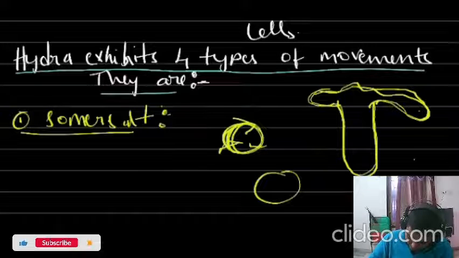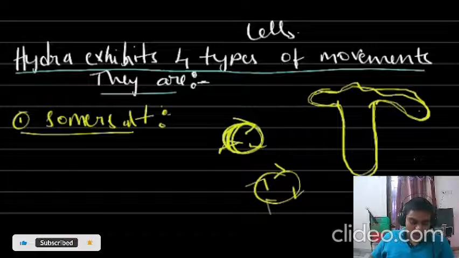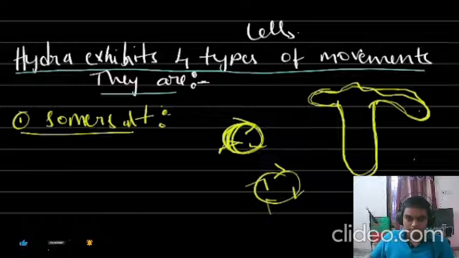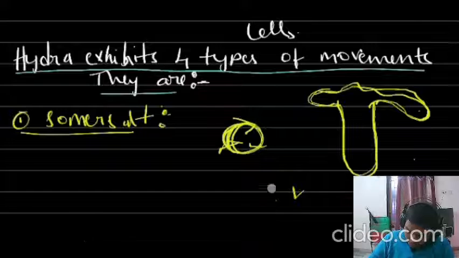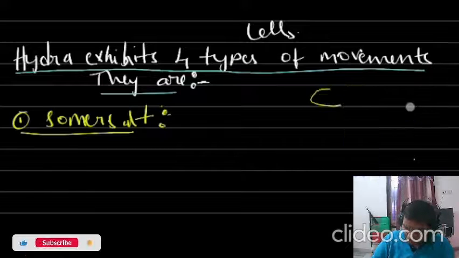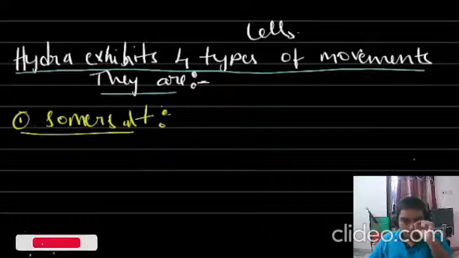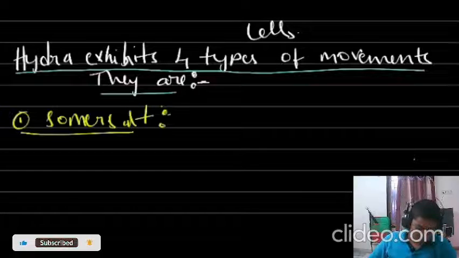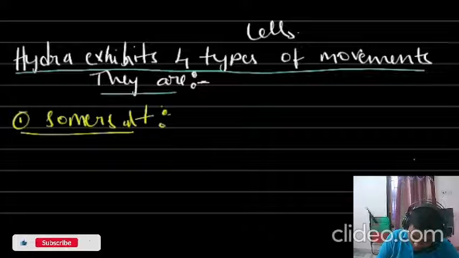See, Hydra shows circular movements in this manner. Okay, got it. Now these circular movements which Hydra shows with the help of tentacles are called somersault movement, somersault type of movement. So what is the somersault type of movement?